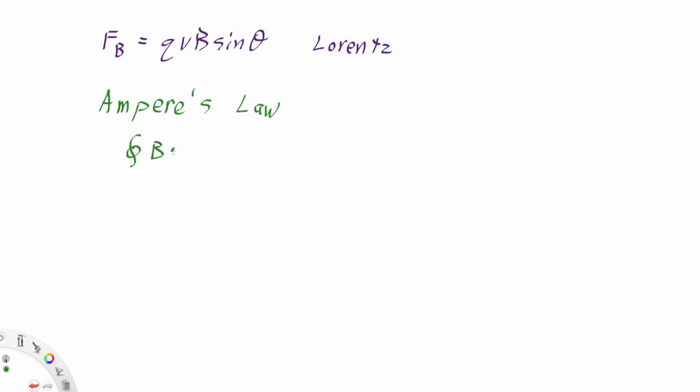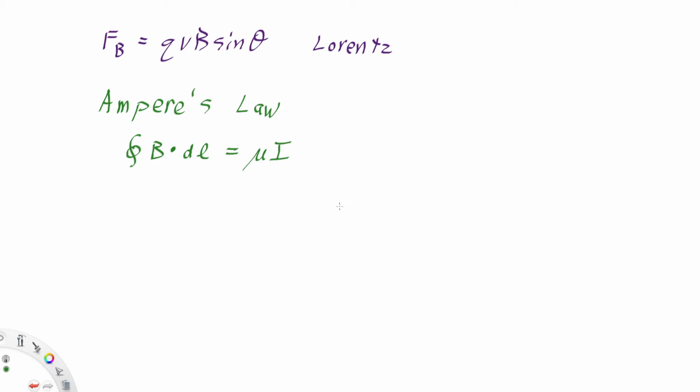The integral of a B field around a loop is equal to the current flowing through that loop. We don't have the tools to deal with that, straight up. So instead, we're going to focus on one really important special case.